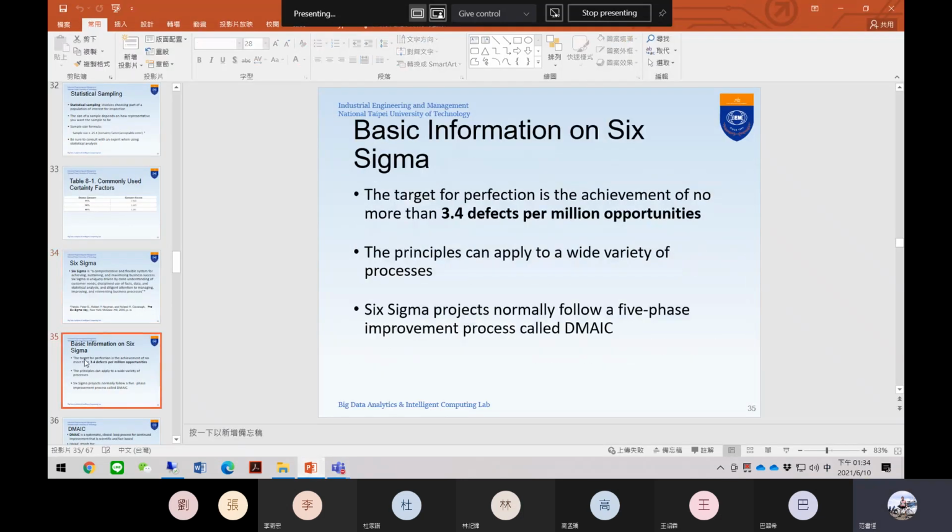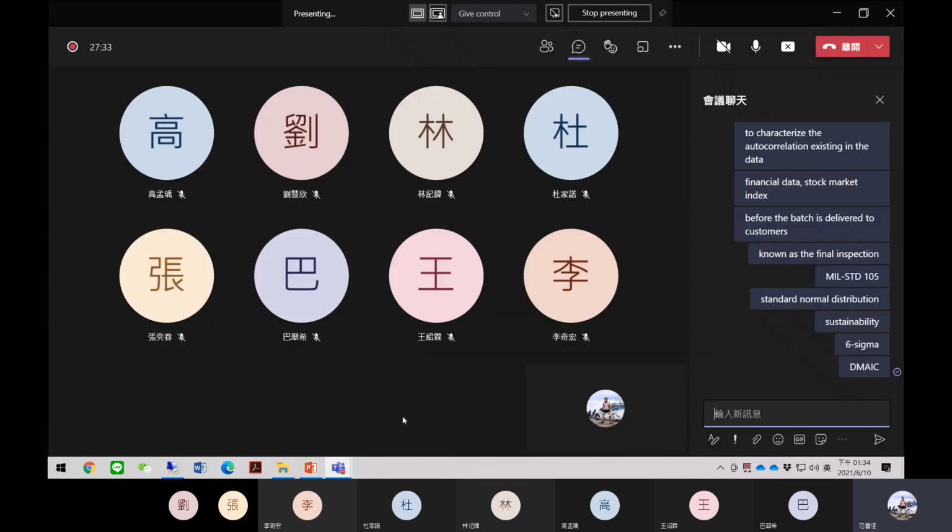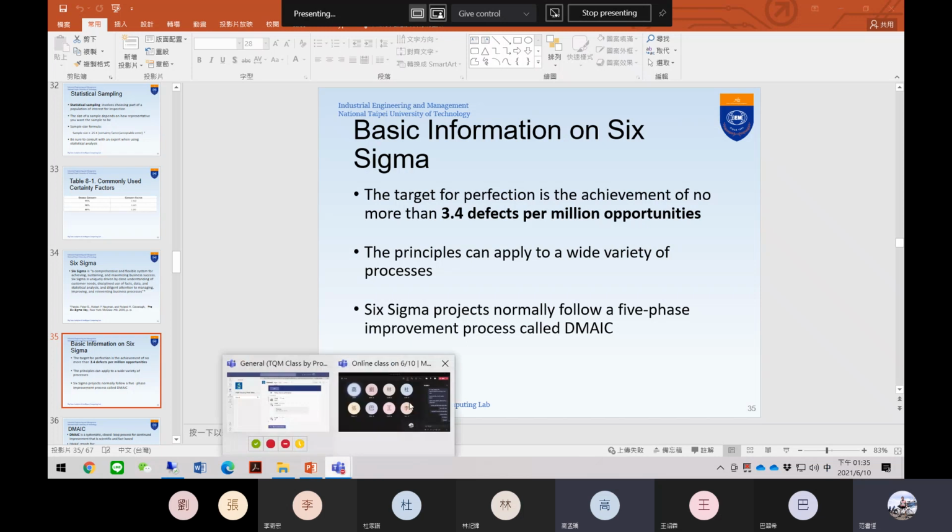Back to here. So the target for perfection is the achievement of no more than 3.4 defects per million opportunities. What does this statement really mean? Meng Yu, would you like to say something about that?